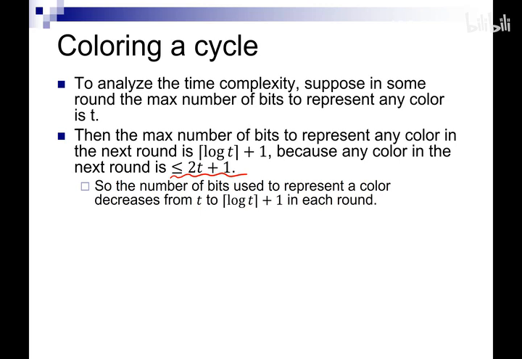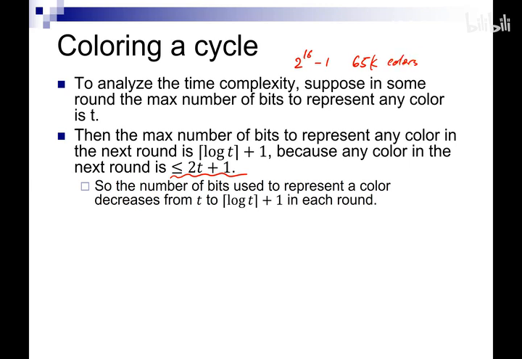Okay, so for example, if in the current round, let's say that we're using 16 bits to represent the colors. If we're using 16 bits, then we can represent any number up to 2 to the 16th minus 1, so that's something like 65,000. So in the current round, we're using something like 65,000 colors.